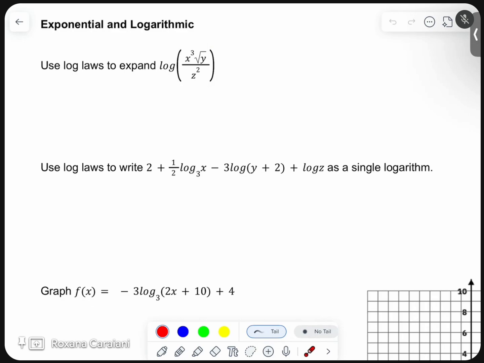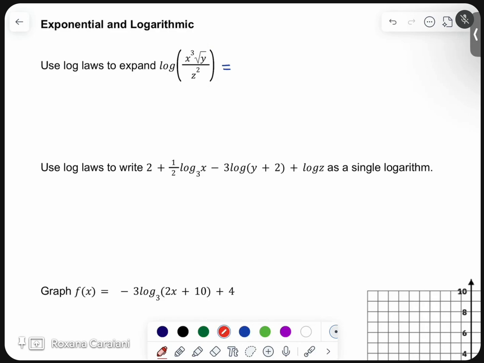And finally, if your argument has an exponent, that exponent can be brought down in front of the log like a coefficient. So for this first example, I'm going to expand the logarithm into multiple logs, and I am going to take it in a few extra steps just to recap the laws.